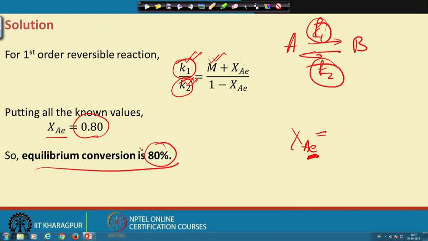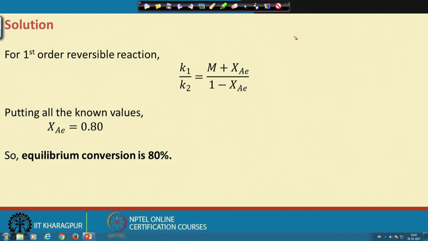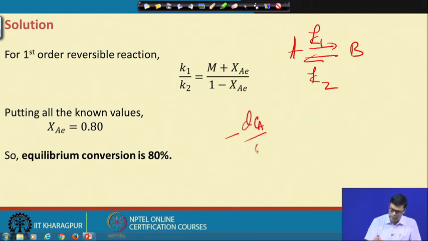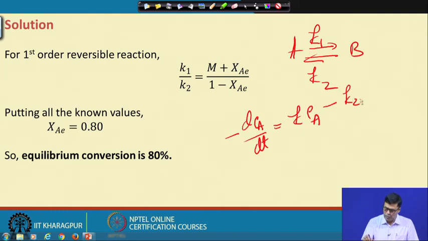Again I am telling you what we mean by equilibrium conversion here. Suppose A converts to B with K1 and K2. If you look at minus dCA by dt, this will be equal to K1 into Ca, if you consider first order kinetics, minus K2 into Cb.